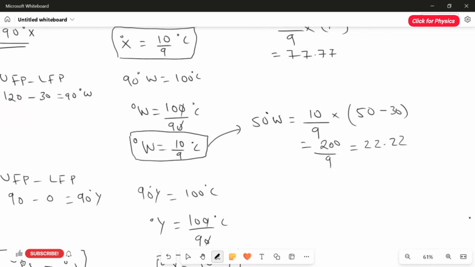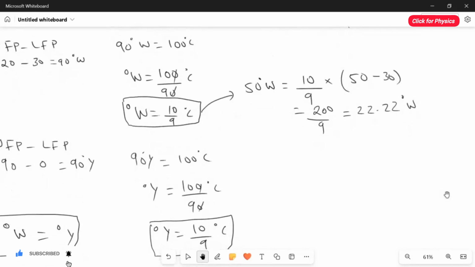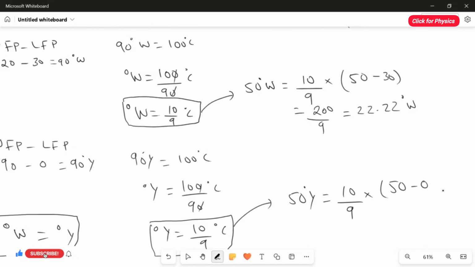So that is degree W, and this is degree X. Likewise, I find the same thing for the last one. 50 degrees Y is equal to 10 over 9 multiplied by 50 minus 0, because 0 is the lowest point for Y. So 500 over 9.